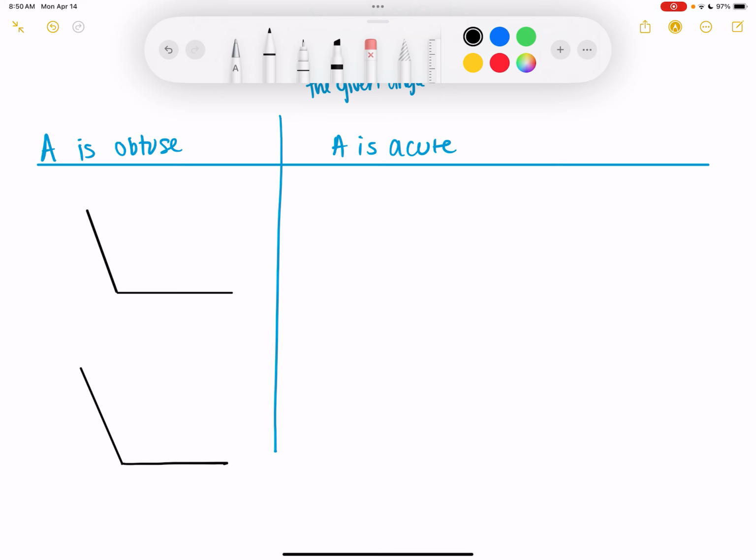All right, so these are all assuming that they have given us side A, side B, and angle A. This is going to be angle A down here. These are both side B. And so side A is what is going to be our determining factor here, okay?